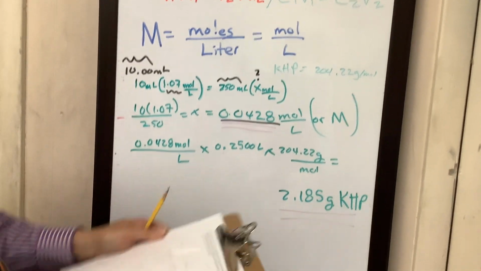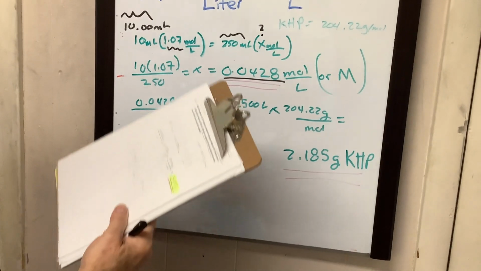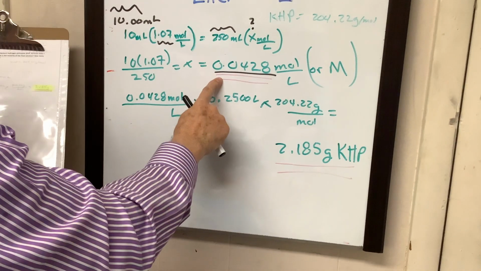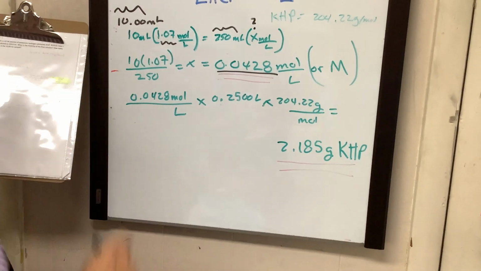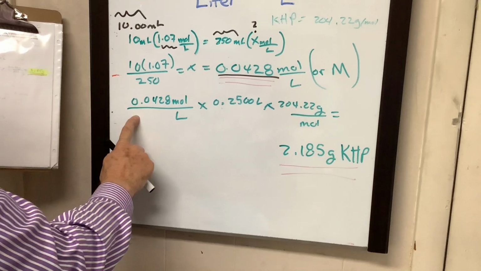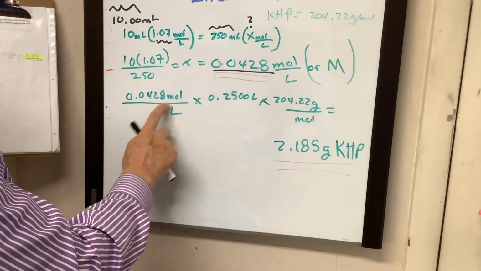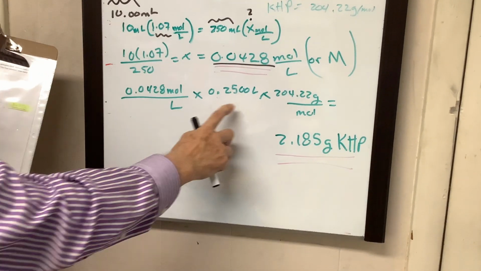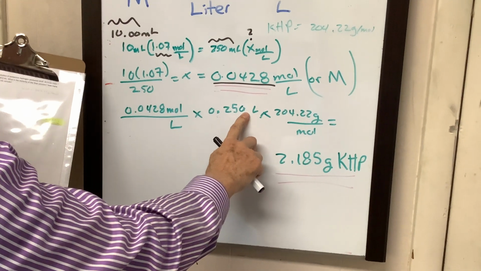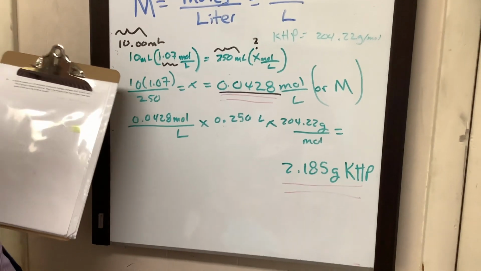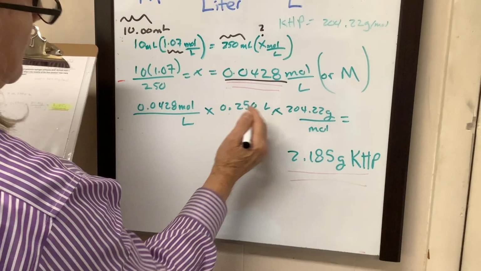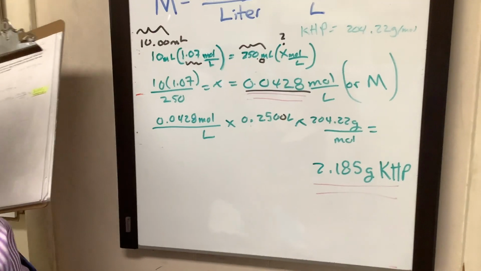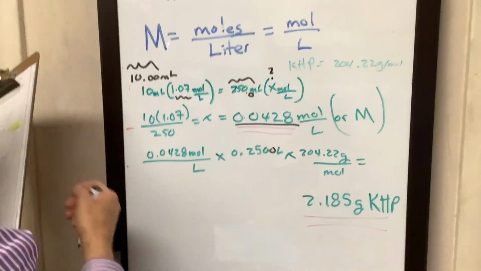Then the next one is just like the other ones we just did in the previous video. They give you a molarity and they say, how many grams are there? Well, here's our molarity, 0.0428 moles per liter. And I have 250, nope, it's 250.0, so I can have 4 sig figs there, actually.